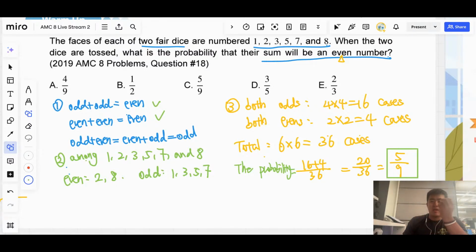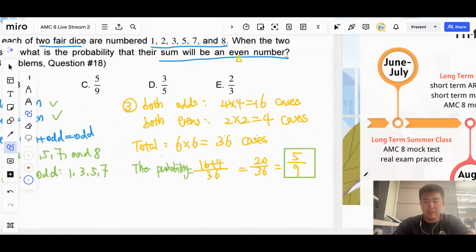The 20 comes from when both sides show an odd number on top, or both sides show an even number on top. So they combine to be 20 cases among the total of 36 cases. Since it's asking for probability, you just use the formula: the events of interest on top for the numerator and the total possible events on the bottom for the denominator, right? So after simplification, you get 5/9.